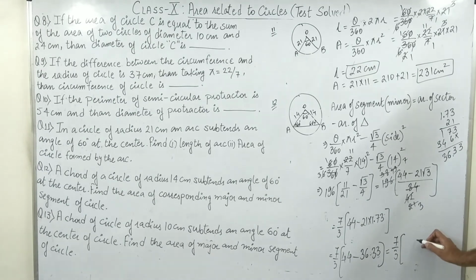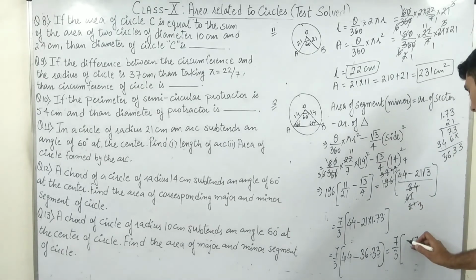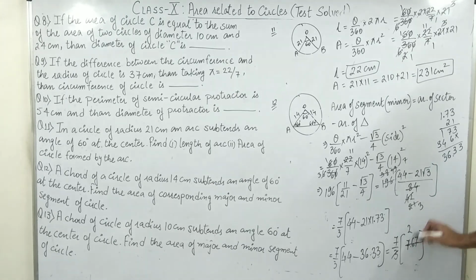So 10 minus 3 will come out as 7. Then 9 minus 3 will come out as 6. Then 13 minus 6 will be 7. And then 3 minus 3 will be 0. So it will be 7.67. 7 and 7 is 14 and 6 is 20. Then I will divide by 3. 3 1s are 3, 3 5s are 15.